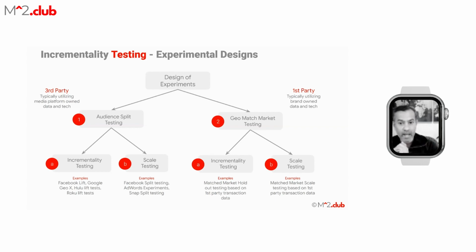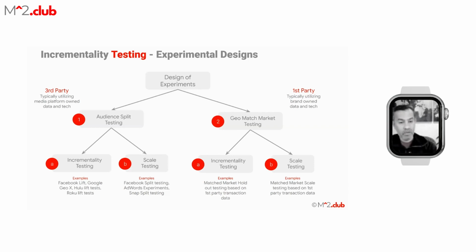Okay, now there are two types of tests underneath that. One is called an incrementality test. One is called a scale test. Okay. Now, an incrementality test is basically designed to measure the business impact of investments you're making right now. Let's say, for example, you've got $100,000 a week going into Facebook, right?